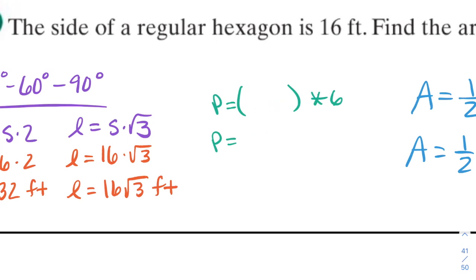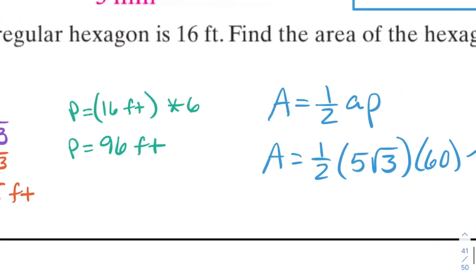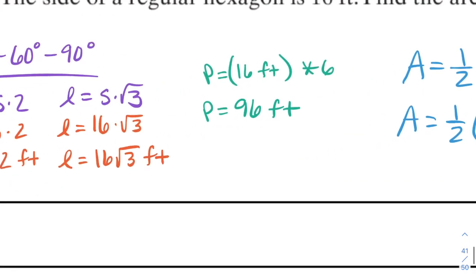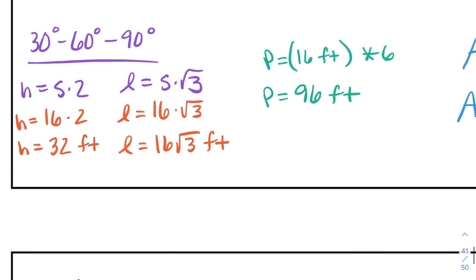It's going to be 16 feet times 6. So 16 times 6 is 96 feet. All right, so I found my new perimeter and my new leg.